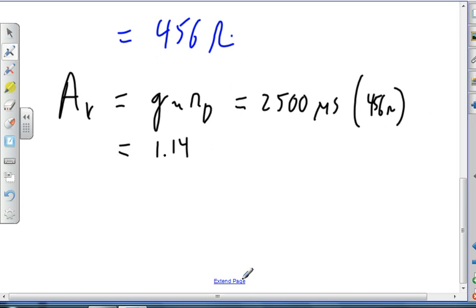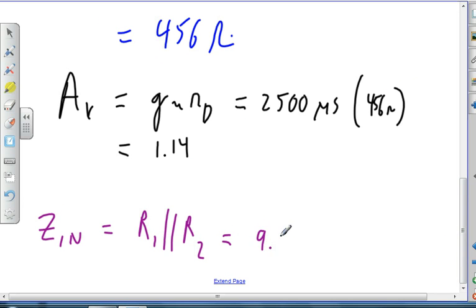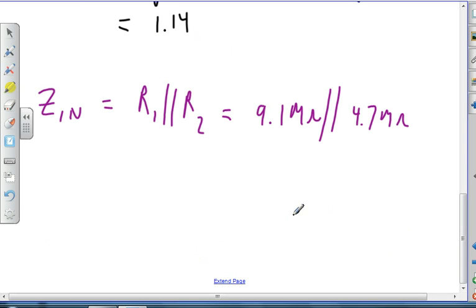Now I want Z in. Impedance in. Okay, I'm looking at page 730 again. I see that impedance in is R1 in parallel with R2. And so that'd be 9.1 meg in parallel with 4.7 meg. And we'll guess that the answer is 3.2 meg ohms.